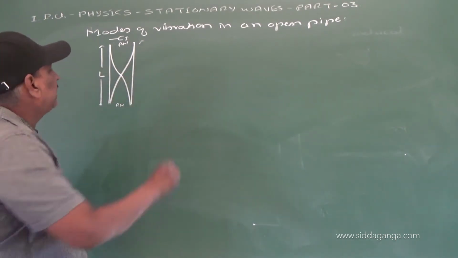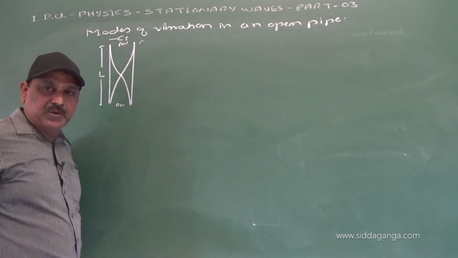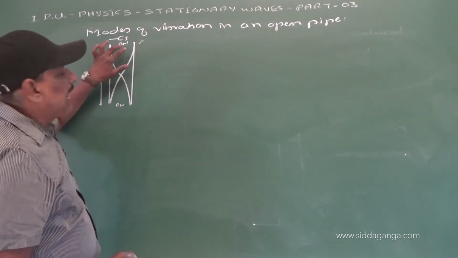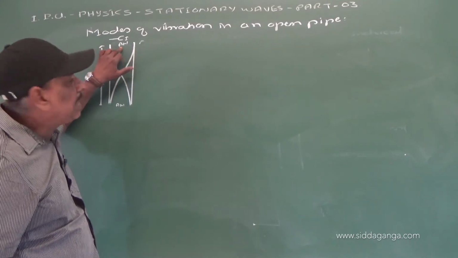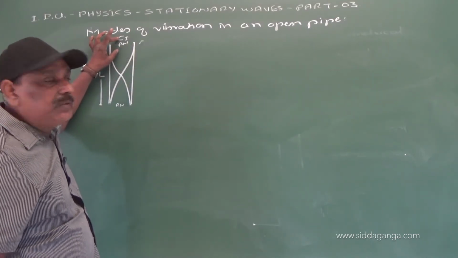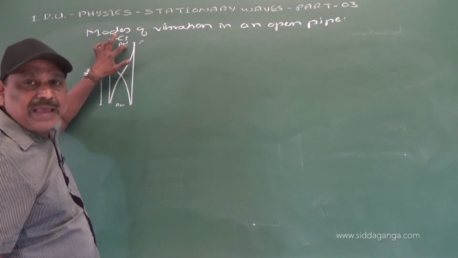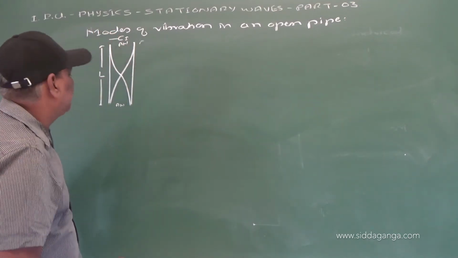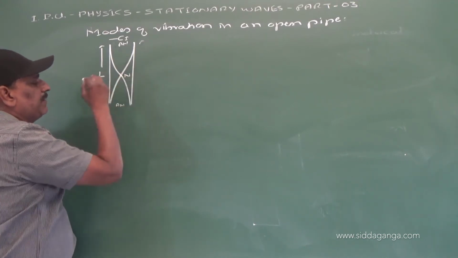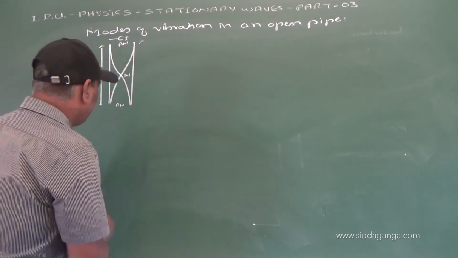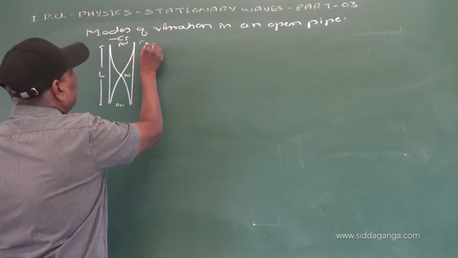So, two antinodes are always formed at the two ends because an antinode is a particle vibrating with maximum amplitude, and here the particles have maximum freedom of vibration. Now, here a node is formed between them.